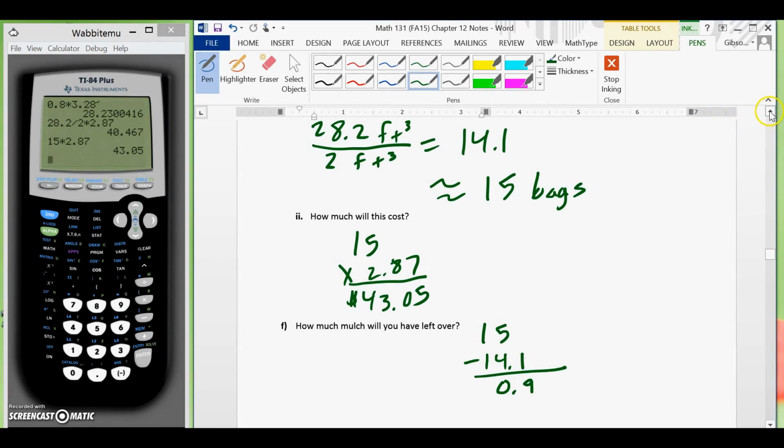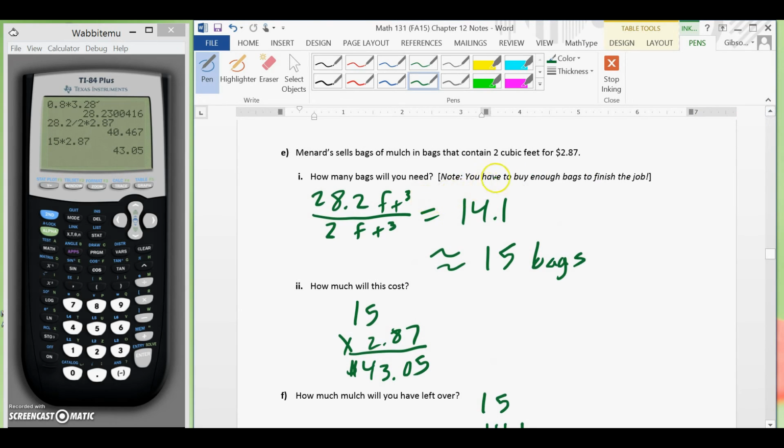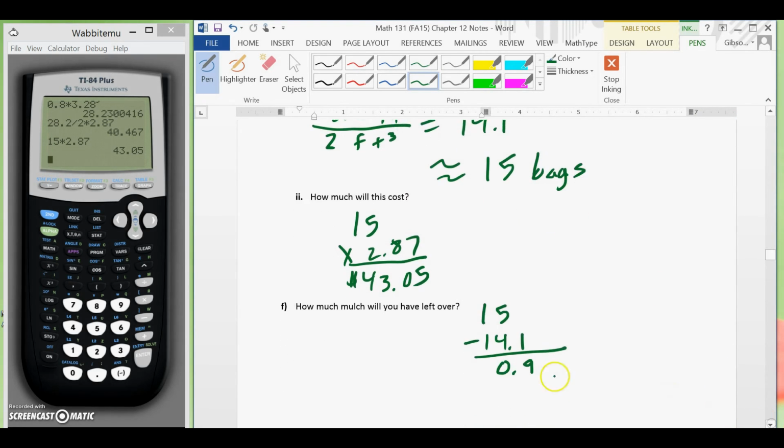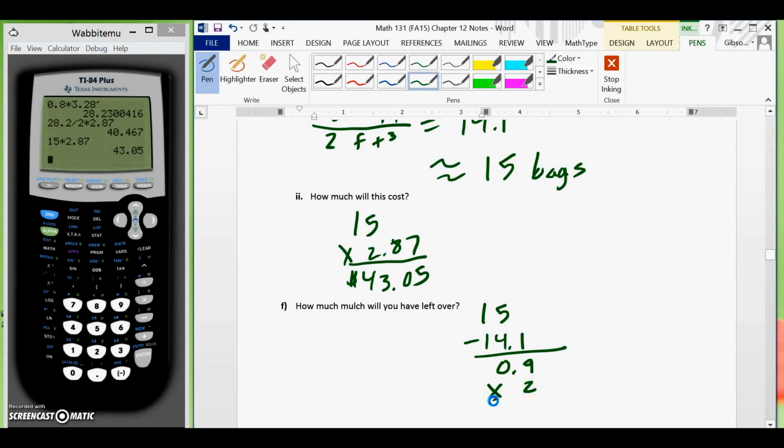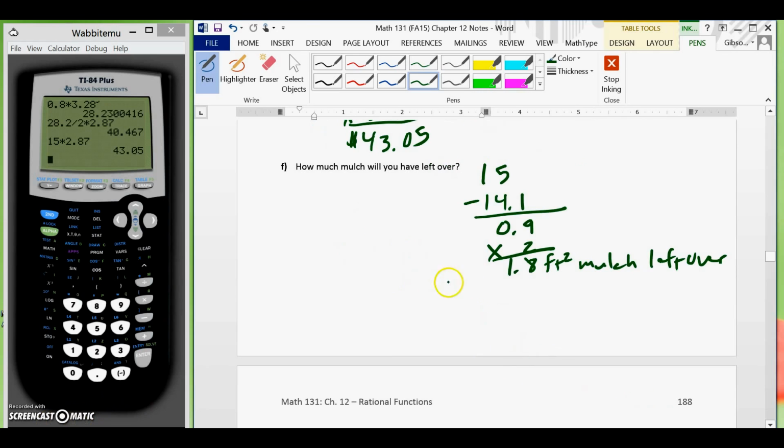But remember, in each bag, there are 2 cubic feet of mulch. So we would multiply this by 2, and that would leave us 1.8 cubic feet of mulch left over. And that is our final answer. And we are done.